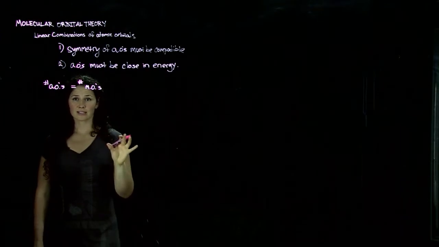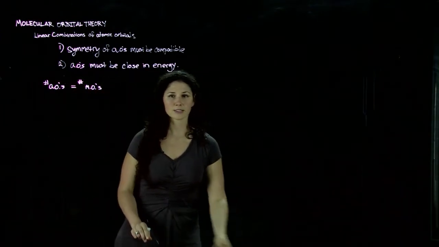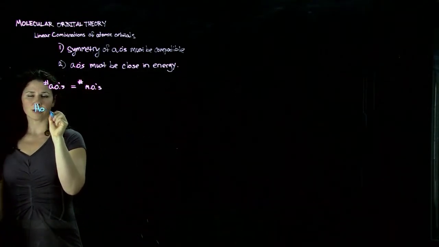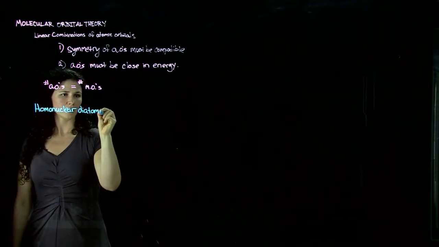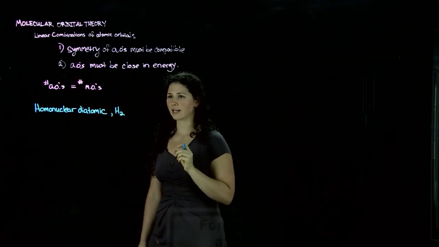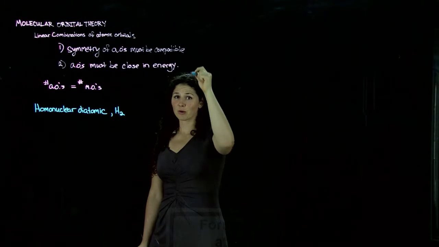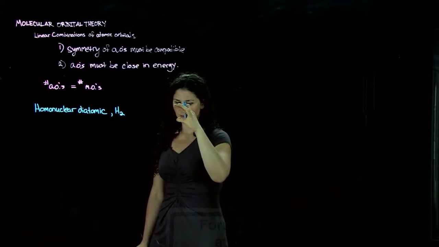So keeping these things in mind, let's make the molecular orbital diagram for the simplest case, which is a homonuclear diatomic molecule with hydrogen. So I'm going to draw the molecular orbital diagram for H2. But first, let's explain what we mean from up here and how this applies to hydrogen.